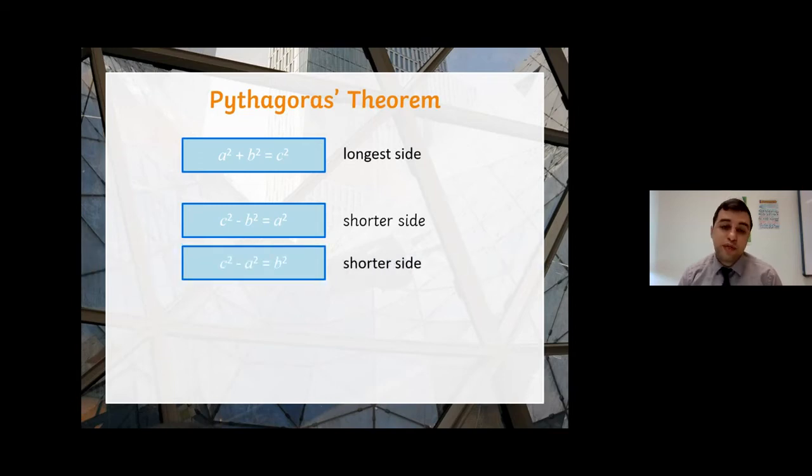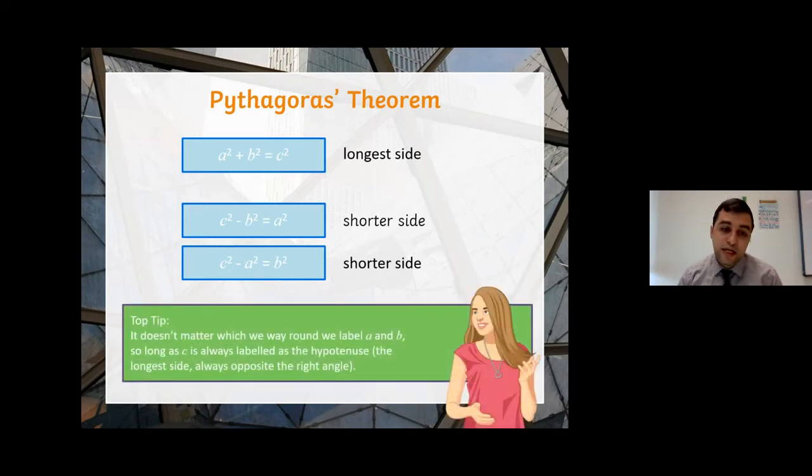The same we should apply to b squared. If we want to find the other leg, which is b, the square of this side is c squared subtracted by a squared. Again, we rearranged our Pythagoras theorem formula, which is a squared plus b squared equals c squared.